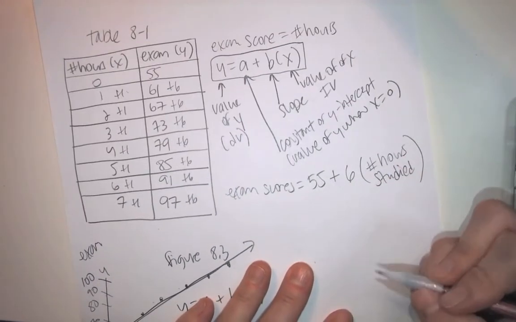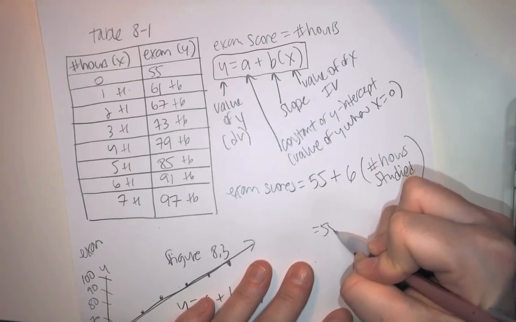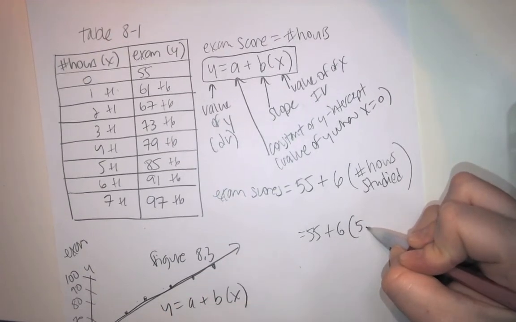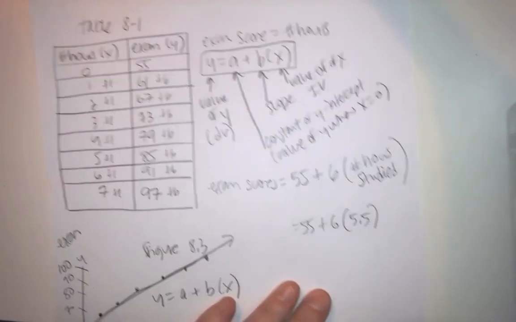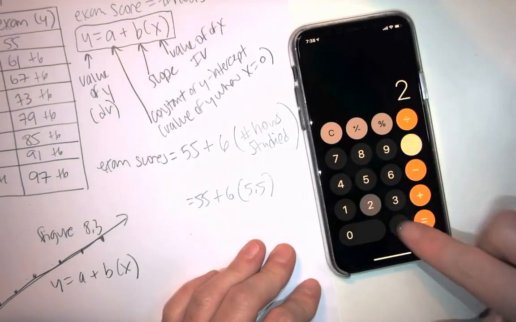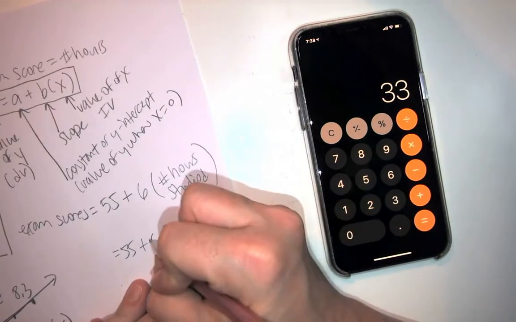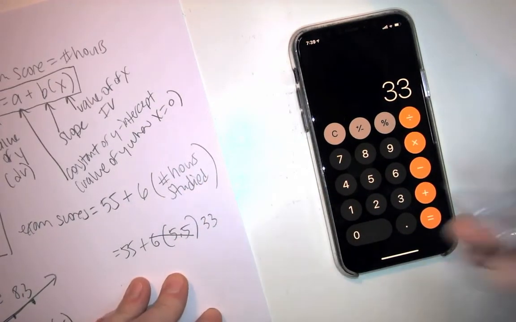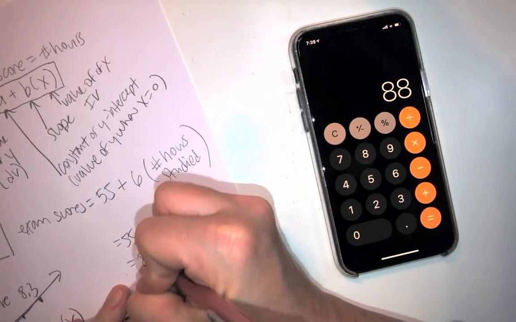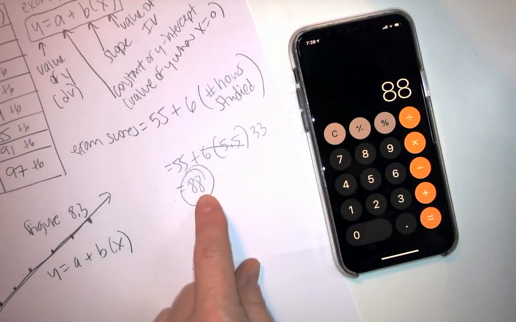I'm just going to pick a number. What would the exam score be for somebody who studied 5.5 hours? I would do 6 times 5.5. So the exam score for somebody who studies 5.5 hours would be 88.